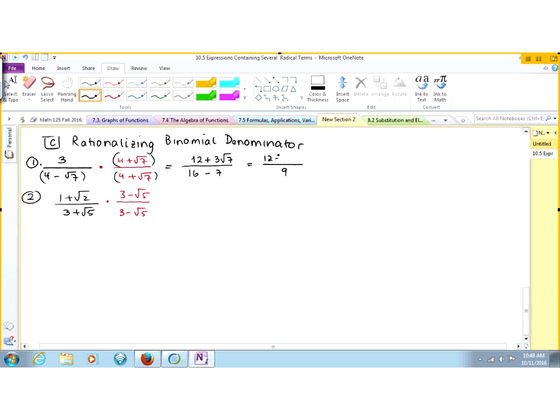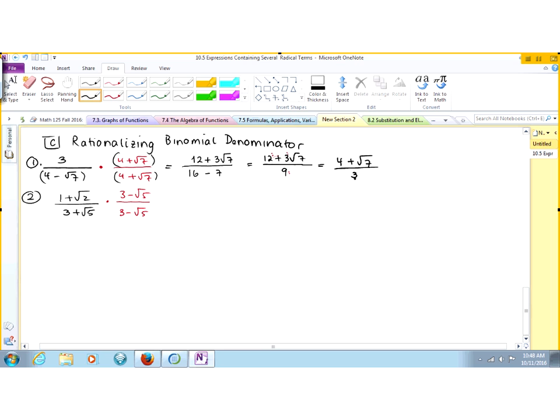So 12 plus 3 square root of 7 divided by 9. Can we reduce? How? Divide by 3. Yes, these are all divisible by 3. So I could divide the 12 by 3, the 3 by 3, and the 9 by 3. So what is this equal to? 12 divided by 3 is 4, plus square root of 7 over 3.